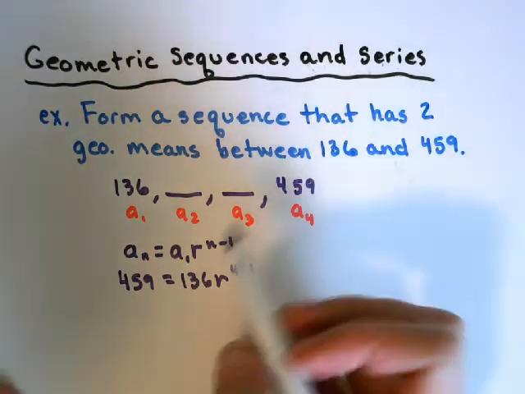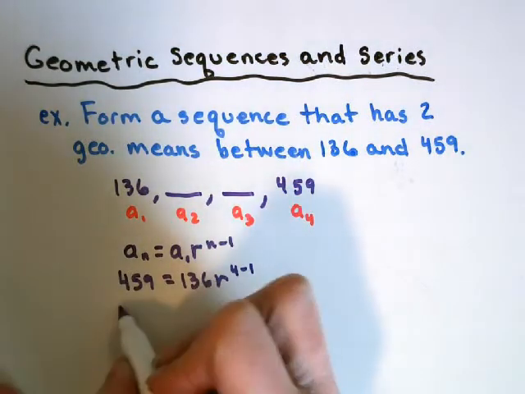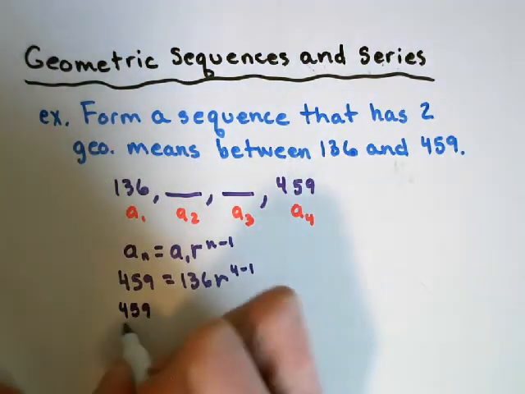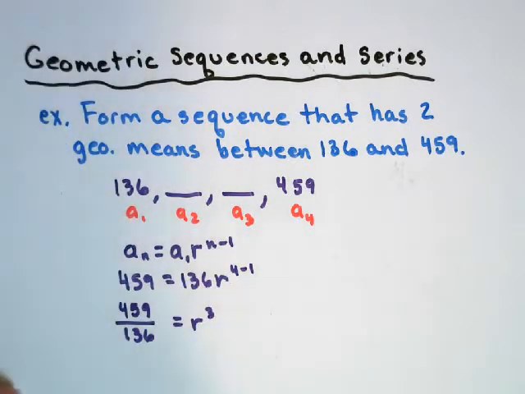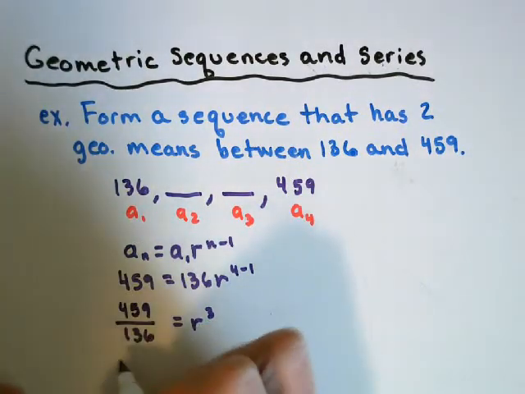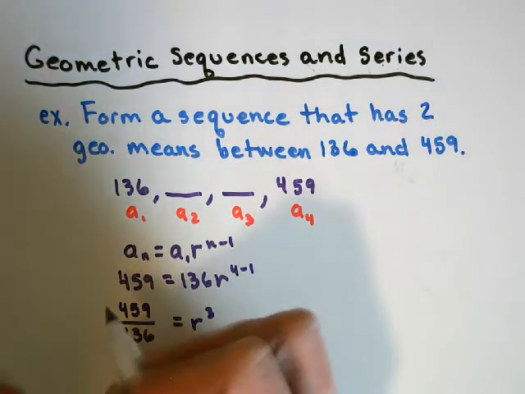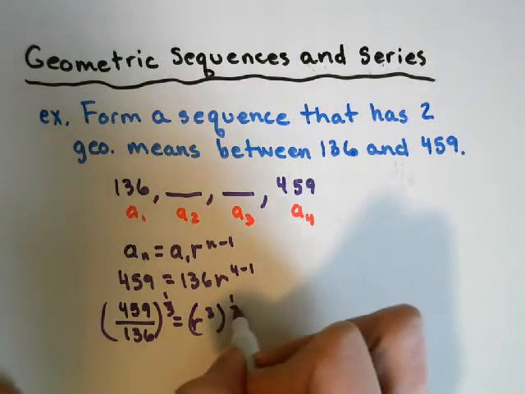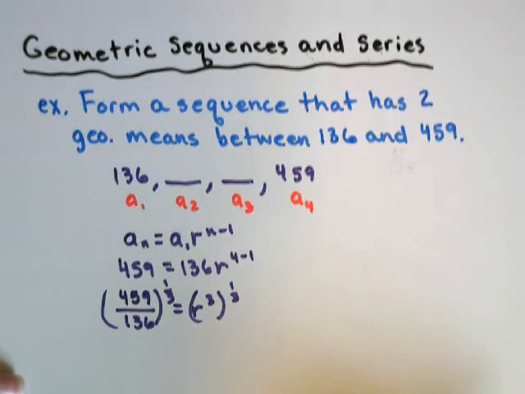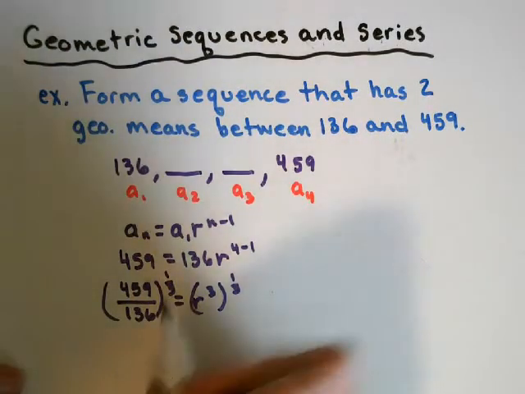If I divide 459 over 136, and then I'm going to raise this to the 1/3 power to get rid of that third power.